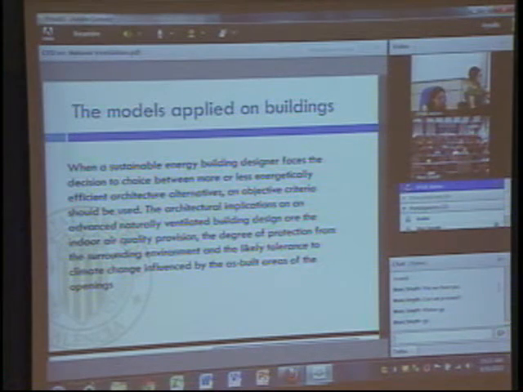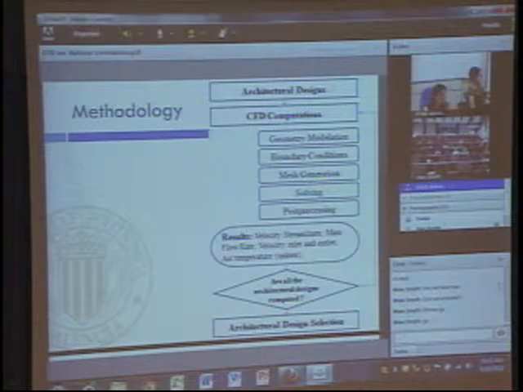This modeling can consider the environmental conditions or the characteristics of winds. The methodology that we suggest is the next one. First, we have a preliminary design. We have to consider the shape of the building and an original orientation.